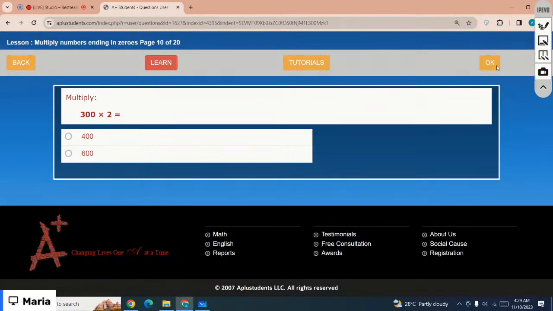The correct option is, 2 times 3 equals 6. So that would be 600, right?